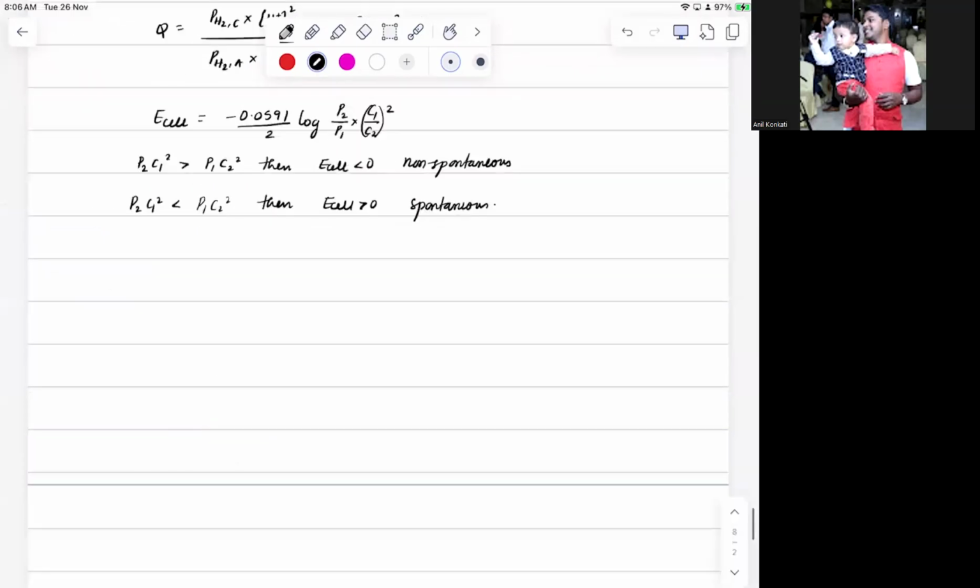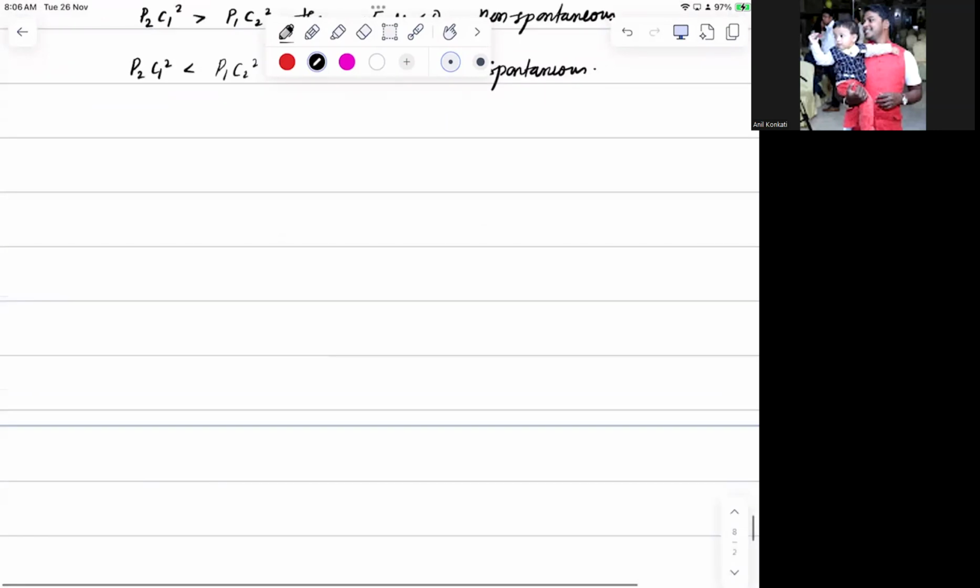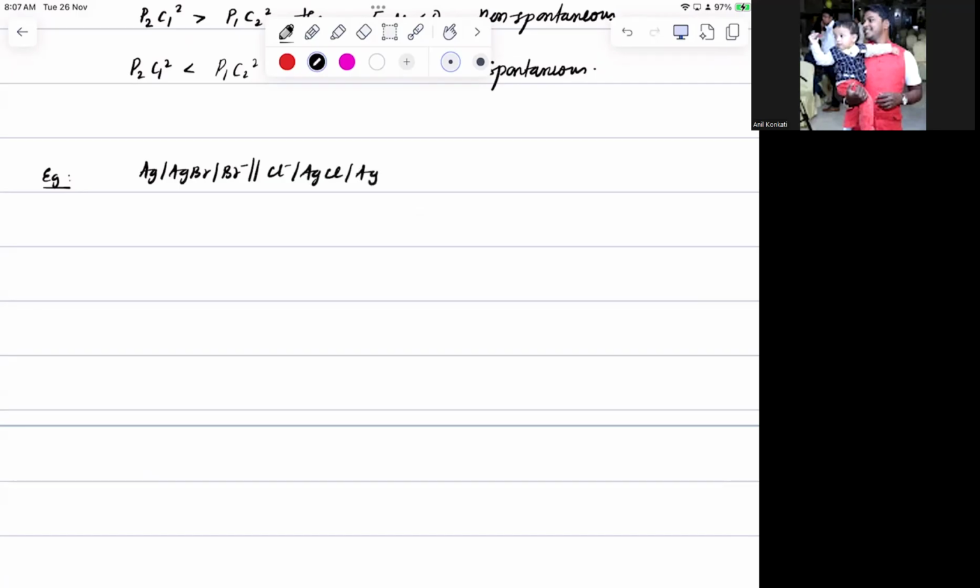Now, suppose I give you an example like this: Ag, AgBr, Br minus, double line, Cl minus, AgCl, Ag. This is not a concentration cell.